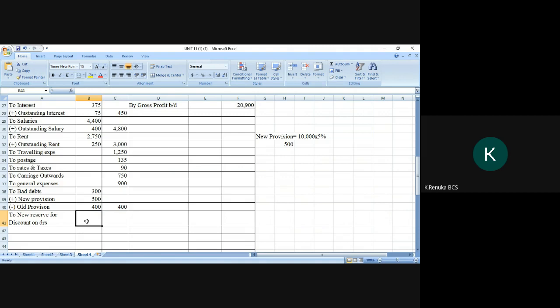Before calculating that, you need to reduce the reserve value and then calculate it. So your value will be 237.5.